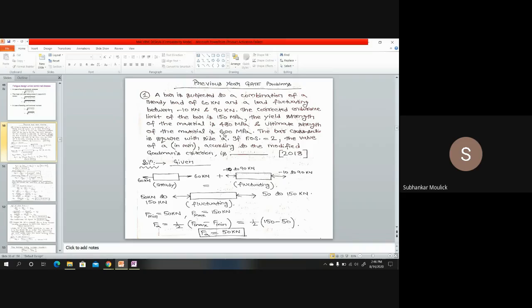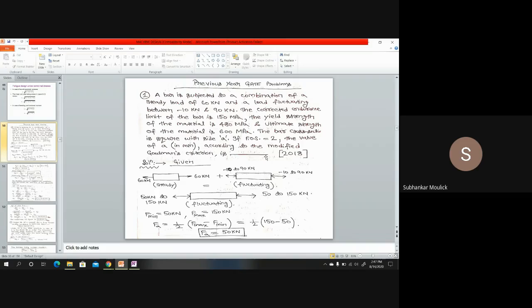The bar cross section is square, that means the cross section of this bar is square whose side is a meter. Now the factor of safety given in the problem is 2, and we need to find out the value of a, the side of the square, by modified Goodman criteria.